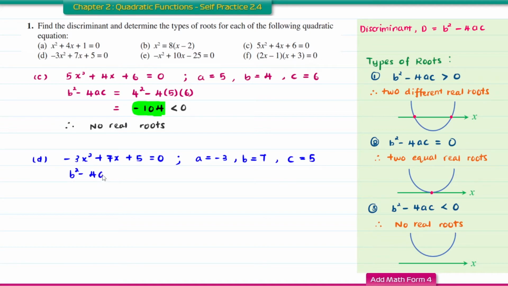So its discriminant is 7 squared minus 4 times negative 3 times 5. Solve this, it is going to give you the answer of 109. So the value of this discriminant is greater than 0. So the quadratic equation for D will have two different real roots.